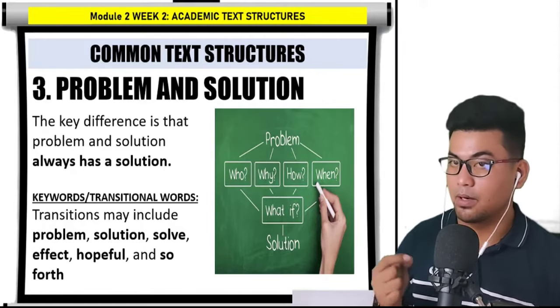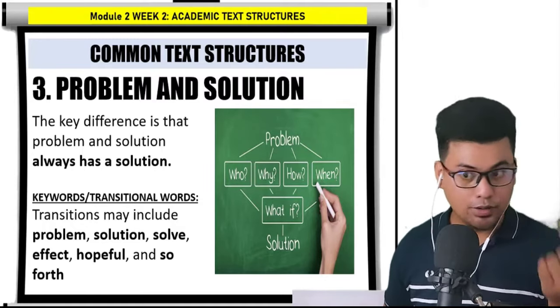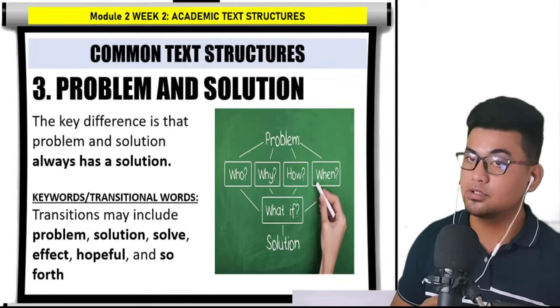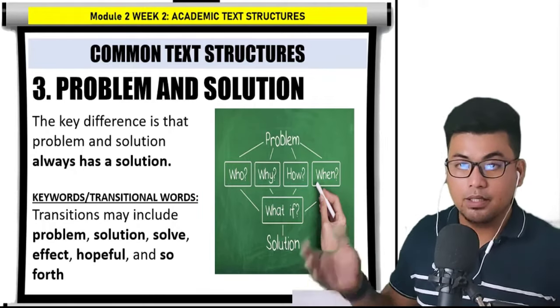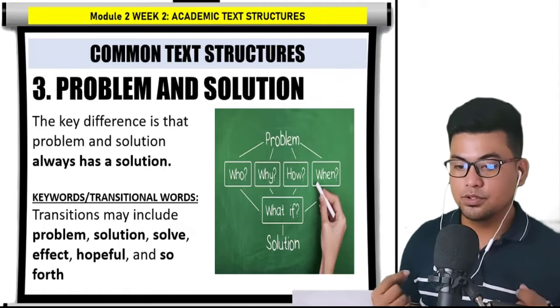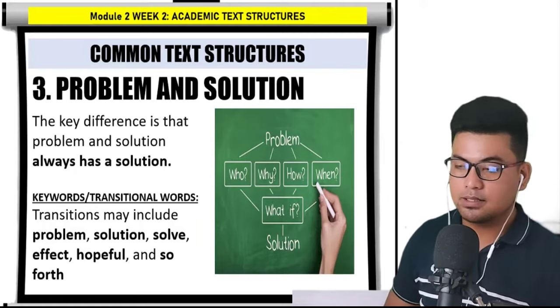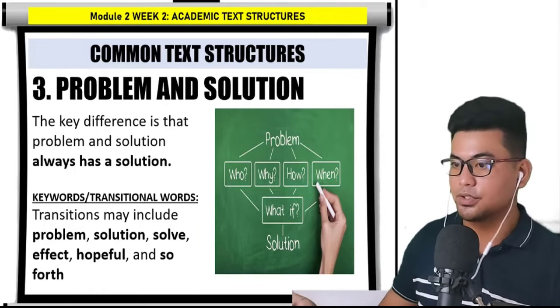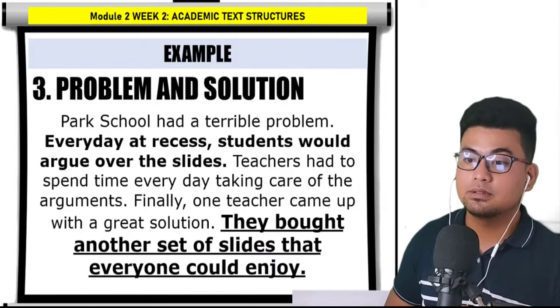Transitions may include problem, solution, solve, also effect, hopeful, and so forth. And other words, alright? So the problem, okay, in the middle, who, why, how, when, and the solution, what if, and then the solution. Okay, so that's the common presentation or order of a problem and solution text structure.